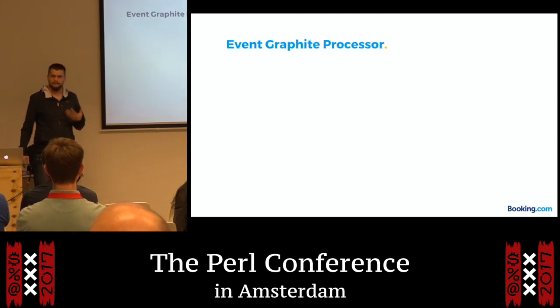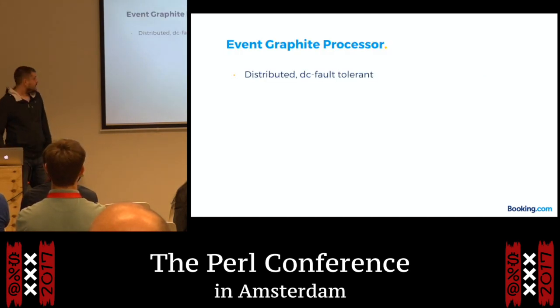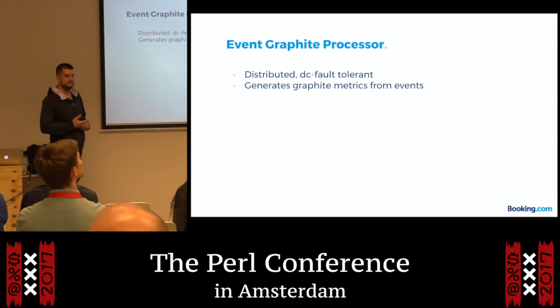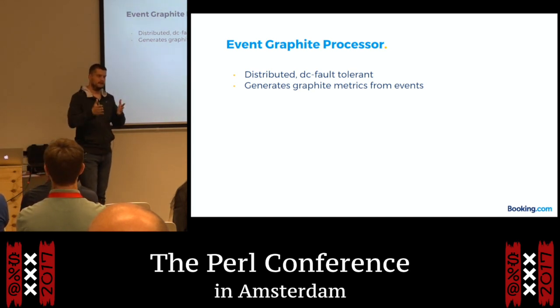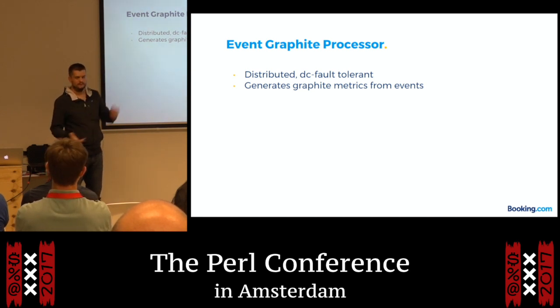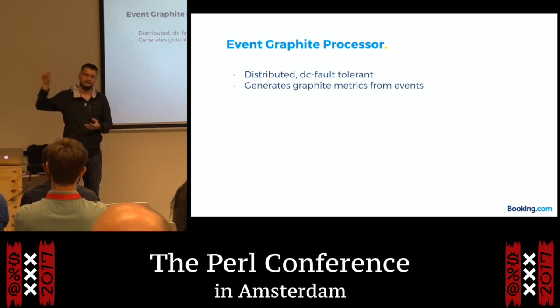So coming back to the event Graphite processor. It's basically a distributed fault-tolerant system which aims to generate Graphite metrics from events. We have a flow of data, and you want to see it not as many gigantic messages that you cannot really make sense of, but rather as a single line on a screen.